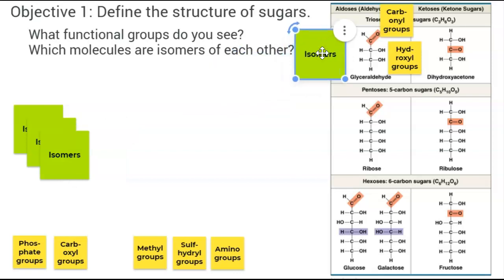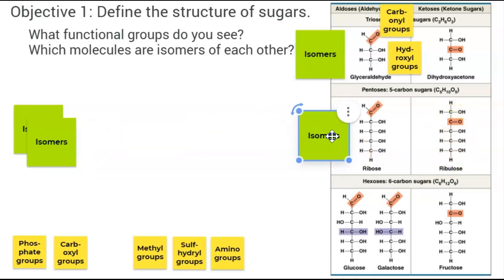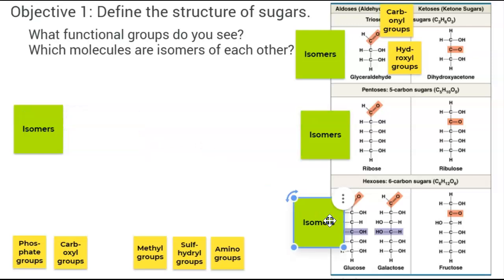And then they happen to be really nice and just list them out for us. C5H10O5 can either be ribose with the carbonyl group on the end, or ribulose with the carbonyl group in the middle. So also isomers. And then down here, actually all three of these are isomers, all having the same C6H12O6, and then glucose, galactose, fructose, all having different structural formulas.